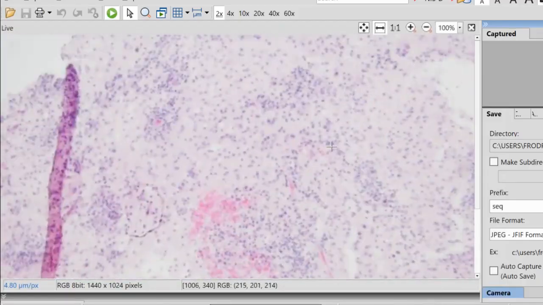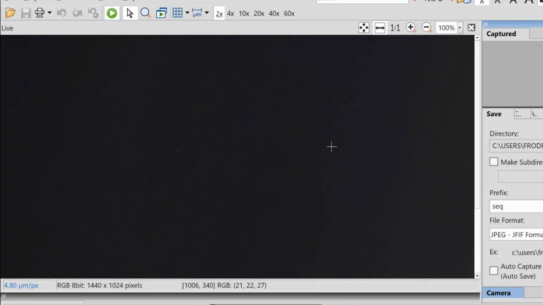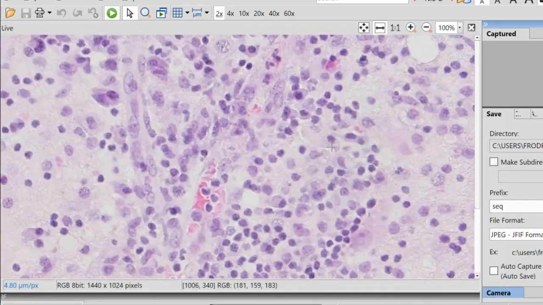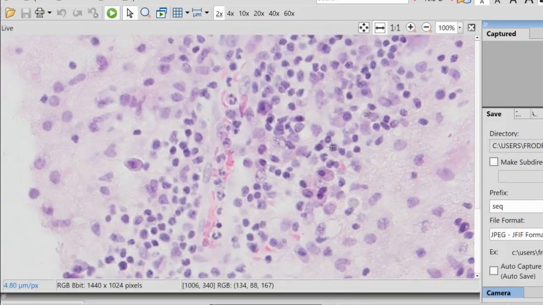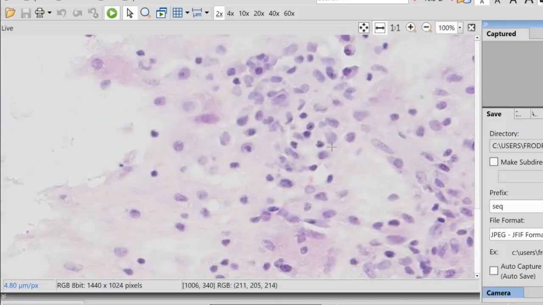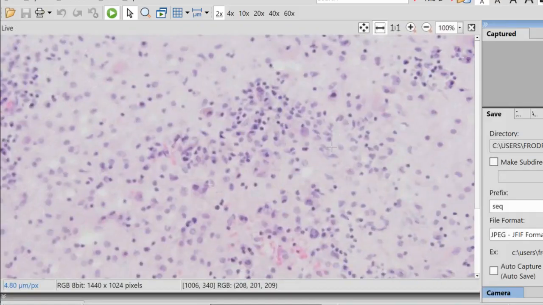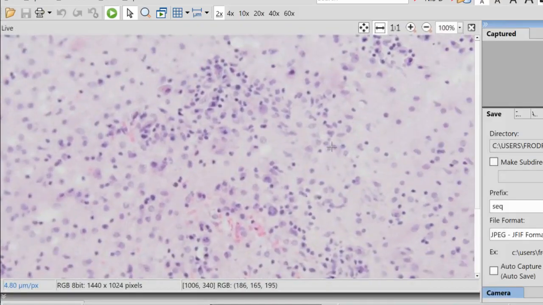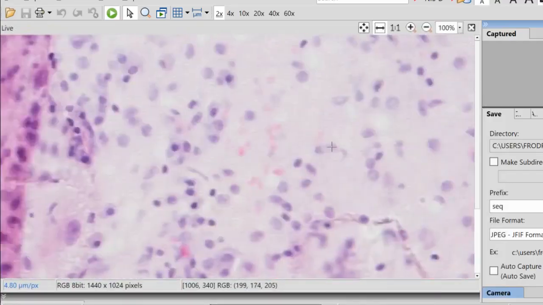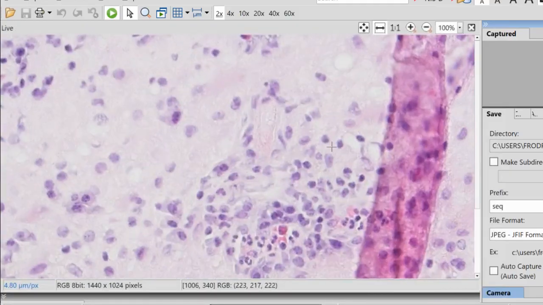This one actually has an even more heterogeneous infiltrate. Plasma cells, small lymphoid cells. This was a bit more tricky to diagnose. So a very heterogeneous infiltrate.